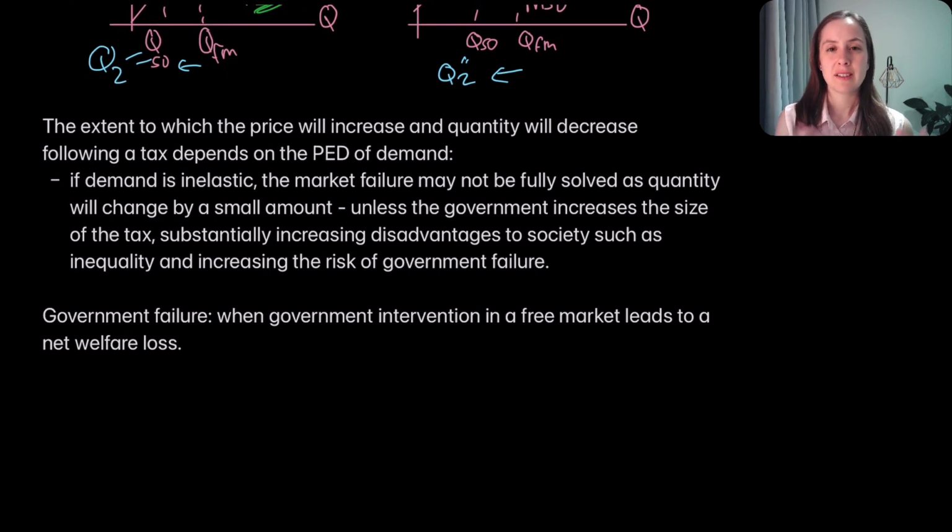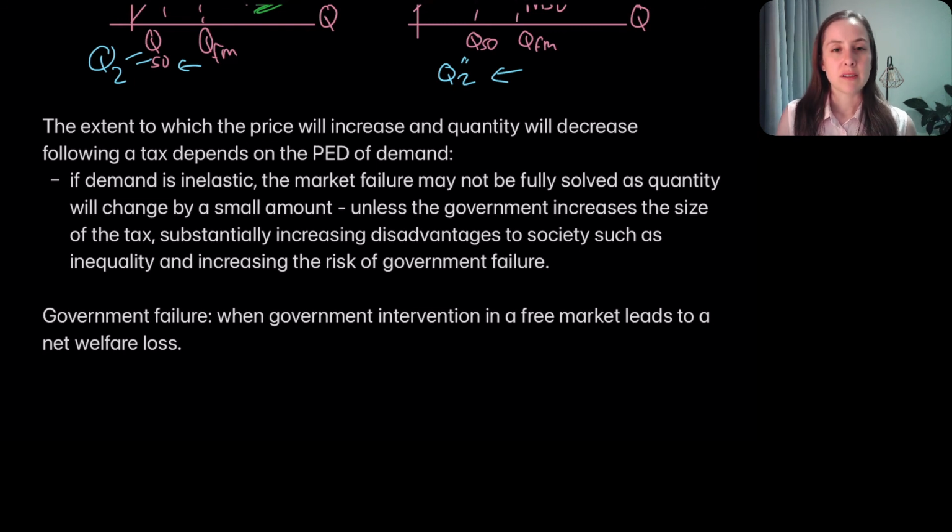Also, the success of this tax depends on the elasticity. If demand is really inelastic, a tax will typically have a smaller change in quantity. So if you want to reduce the quantity, it's going to be less effective if it's inelastic. And as a result, the government might have to use other policies to try and solve this market failure.